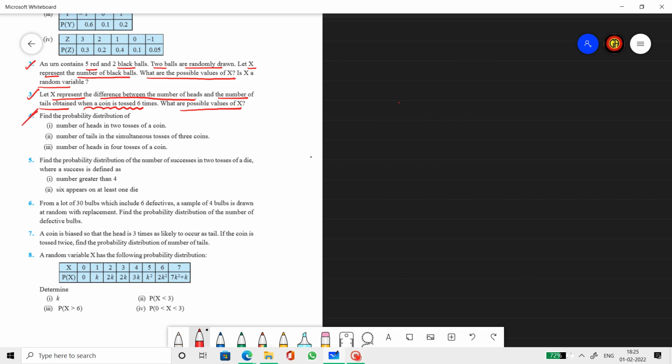Question number 4. Find the probability distribution of number of heads in 2 tosses of a coin. So x represents the number of heads in 2 tosses. Now the probability of getting a head in one toss, P of h, is 1 by 2.